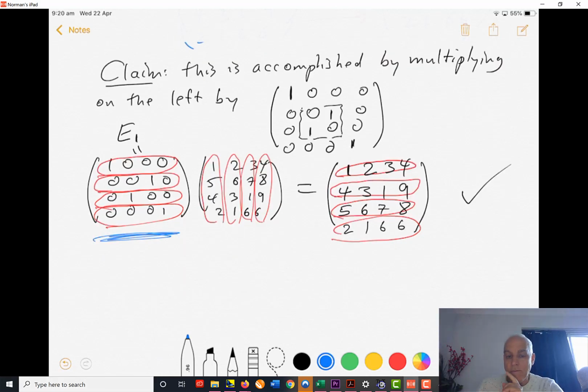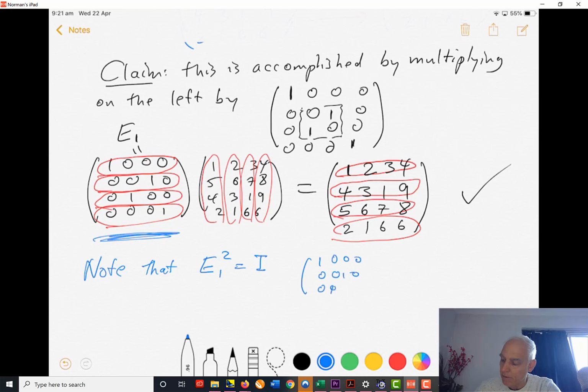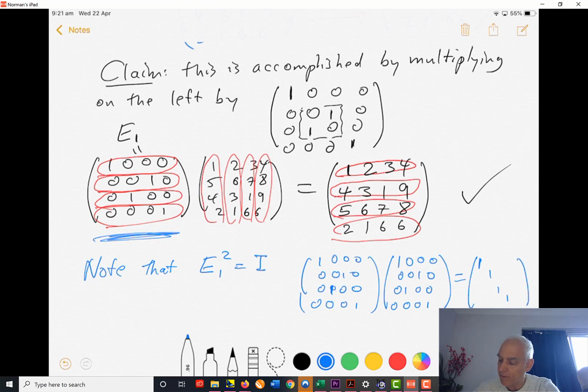Now I want to make one more important observation about this matrix E1. Note that E1 squared is the identity matrix. In other words, if you take this matrix and multiply it by itself, then what you get is the identity matrix, in this case, the 4 by 4 identity matrix.